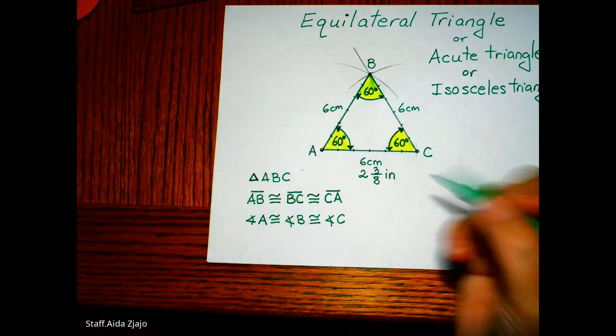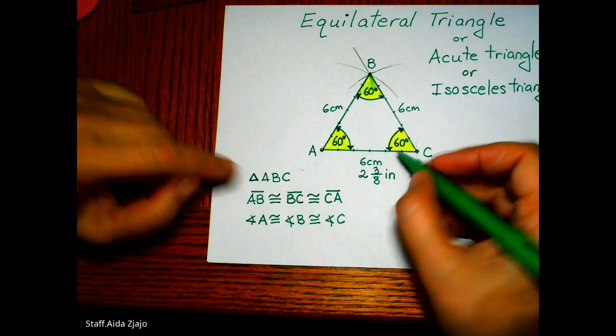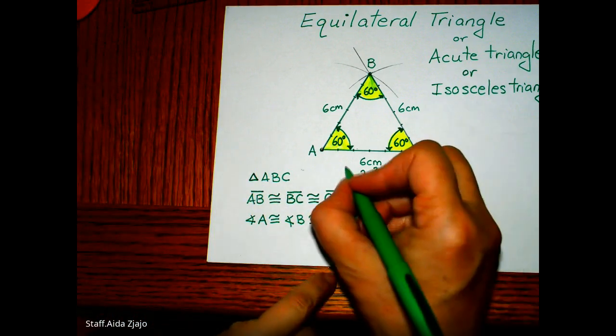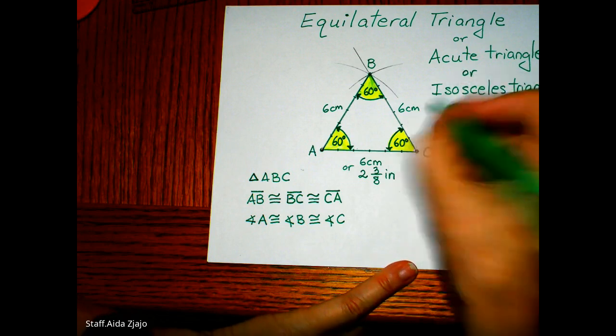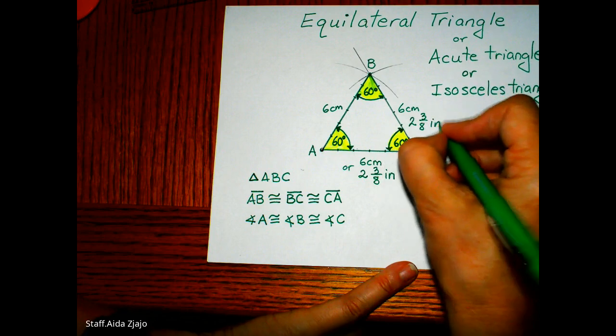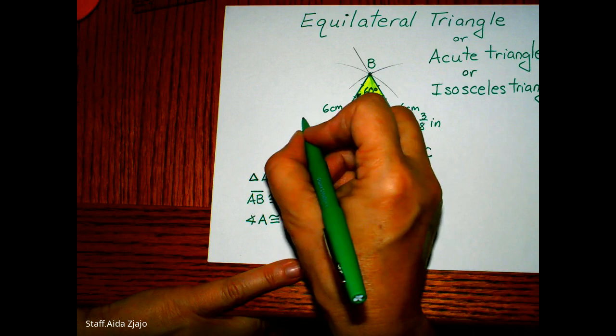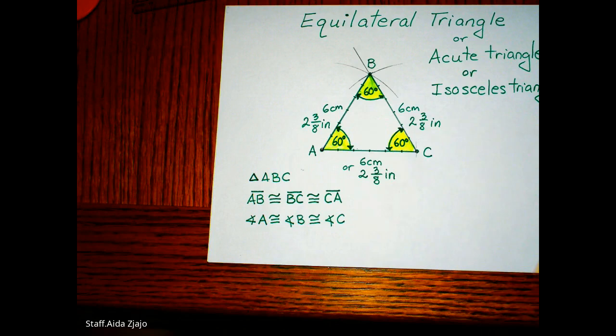Since I know that they're equivalent, I can just say, okay, 6 centimeters or 2 and 3/8 of an inch, and this one is also equal to 2 and 3/8 inch, and this one is also equal to 2 and 3/8 of an inch. Okay, and this is pretty much all you need to know about the equilateral triangle.